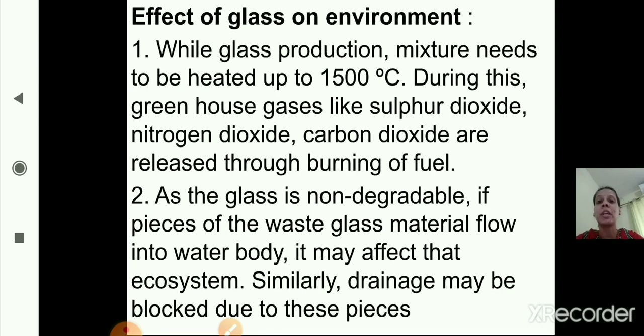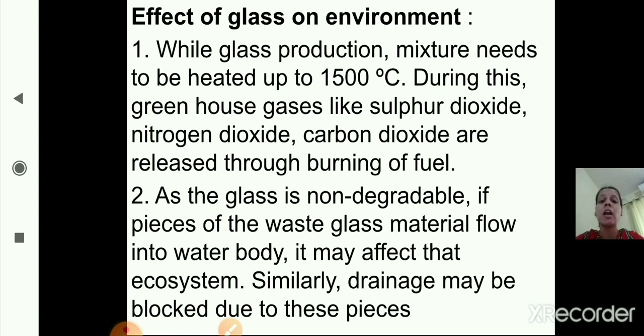Now the next and the last part of this lesson is the effect of glass on the environment. There are some adverse effects of glass on the environment that we will see. While glass is produced, the mixture needs to be heated up to 1500 degrees Celsius.